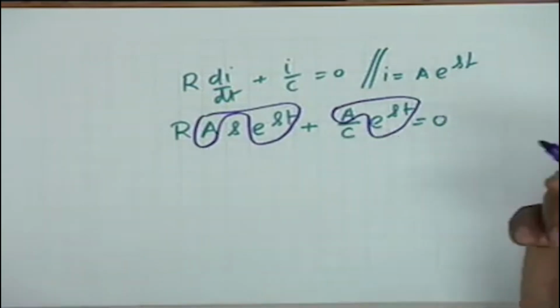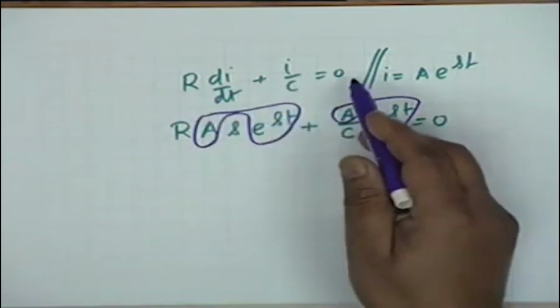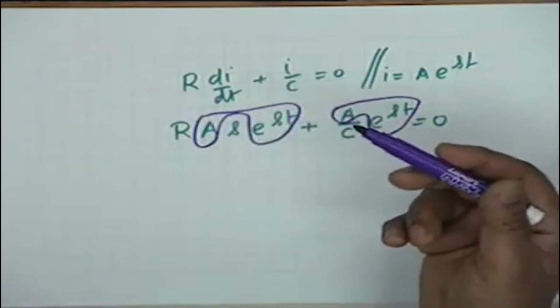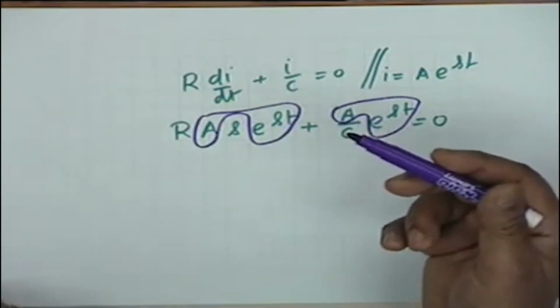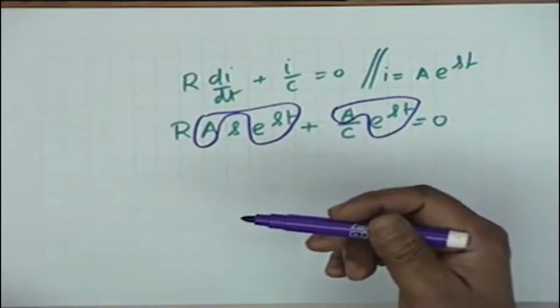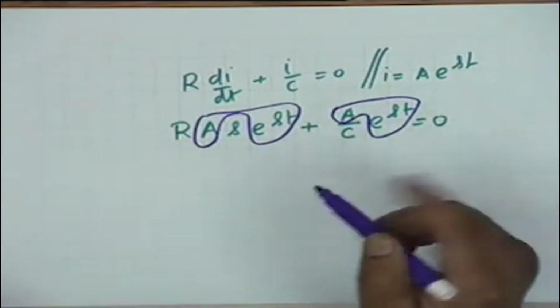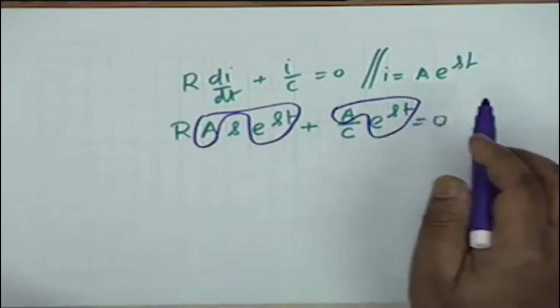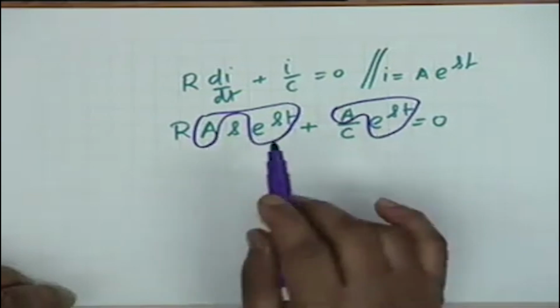If this is 0, then of course the current is identically equal to 0. Current identically equal to 0 obviously satisfies the equation. That cannot be a solution, because we know that if the capacitor has an initial energy, it shall send a non-zero current, and therefore i cannot be 0. Therefore A e to the st cannot be 0.